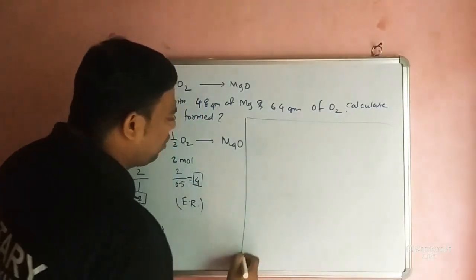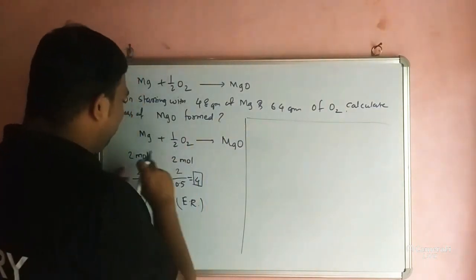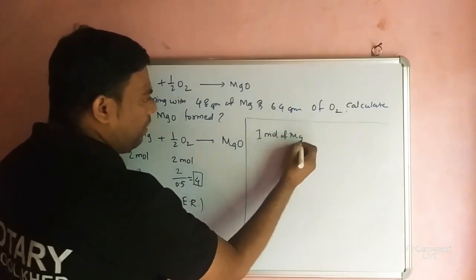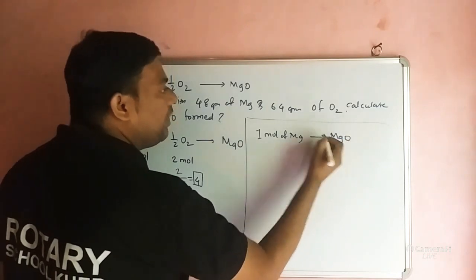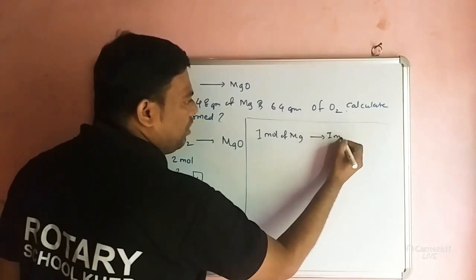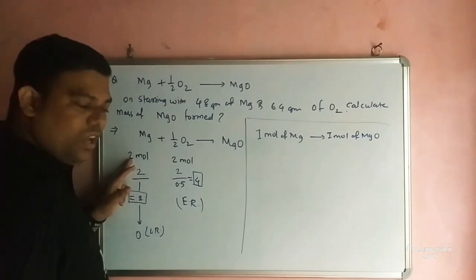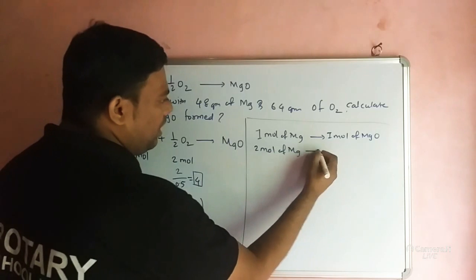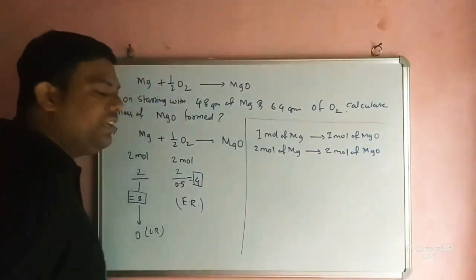See here, we will solve. From 1 mole of Mg we get 1 mole of MgO. Then from 2 mole of Mg, how many moles of MgO will we get? Yes, 1 mole only, or we can mention 1 mole of MgO only formed. Then, beta, this is 2 mole, so from 2 mole of Mg how much will we get? Yes, obviously, 2 mole of MgO. Okay.